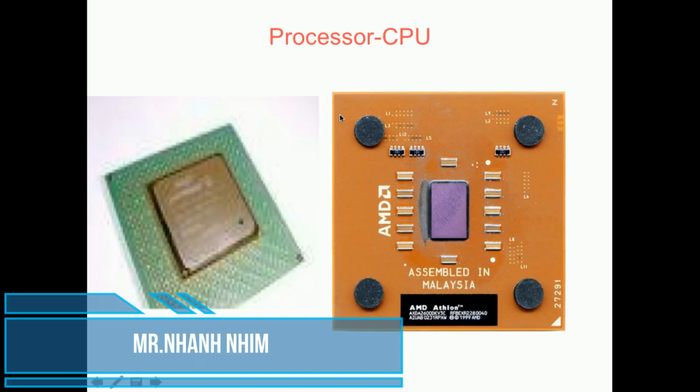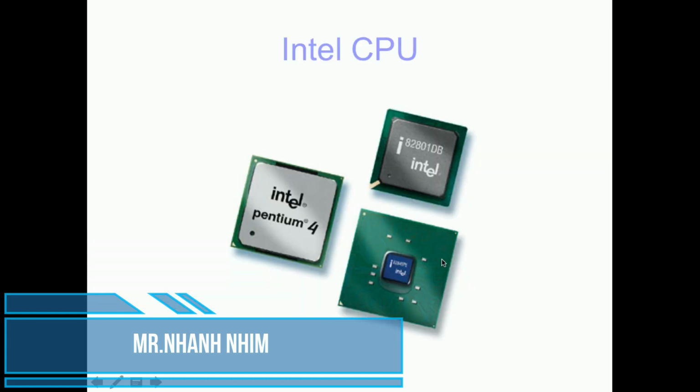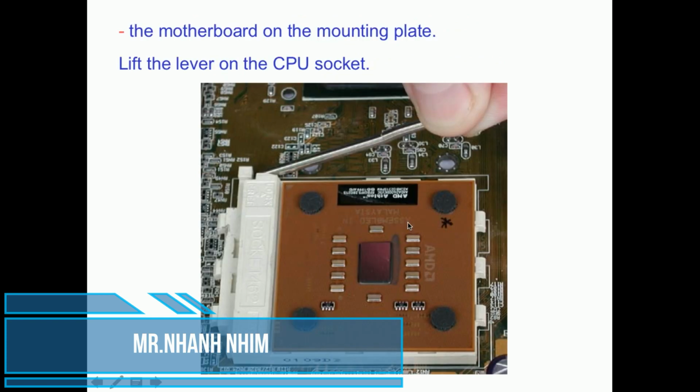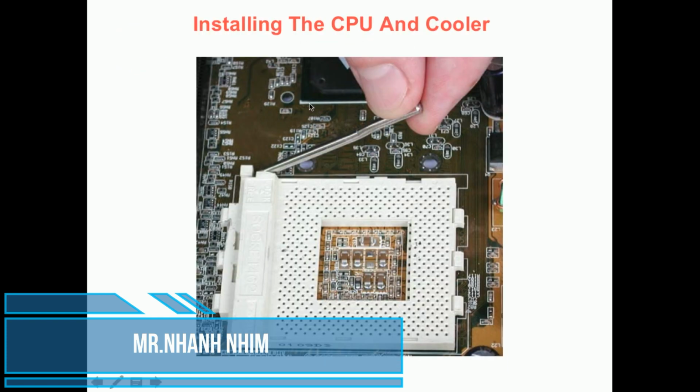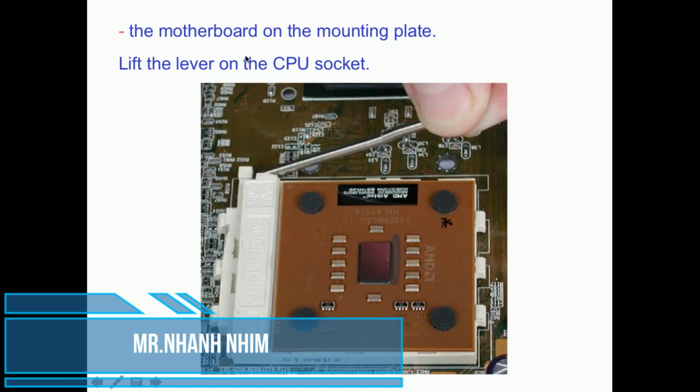This one we can say is the processor, the CPU, okay? This CPU is from the Intel brand. This is the ID code of the CPU we can see now. One more thing is installing the CPU and the cooler, okay?